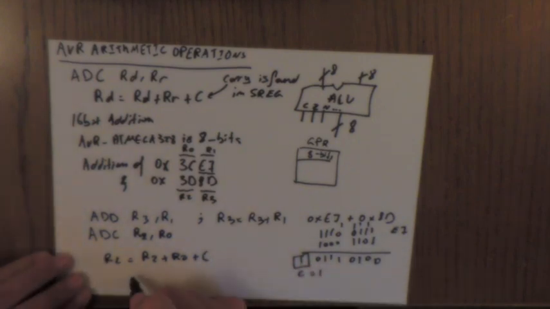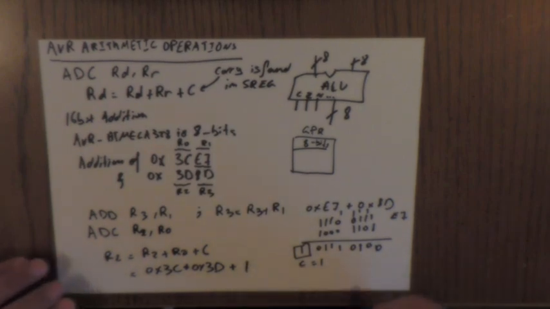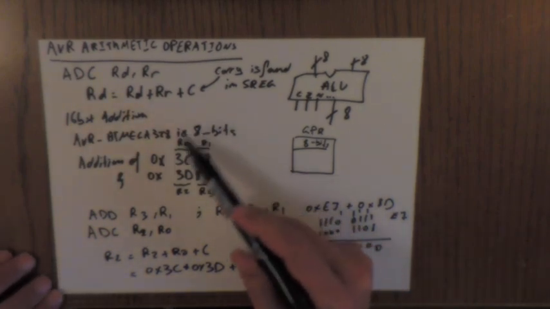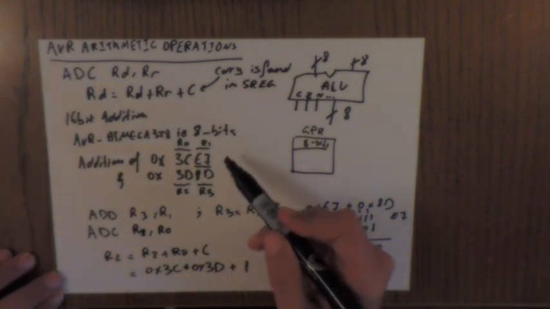In this case, it is going to be 0x3C plus 0x3D plus carry, which in our case is 1. So we could not have done the 16-bit addition without including the carry from the previous add.